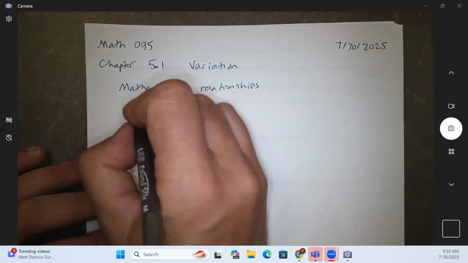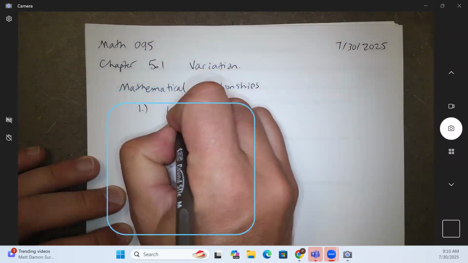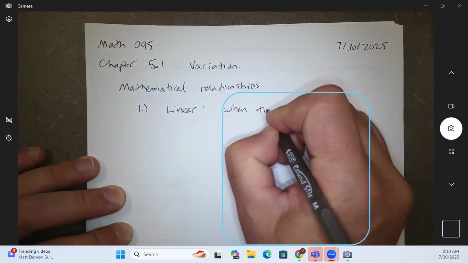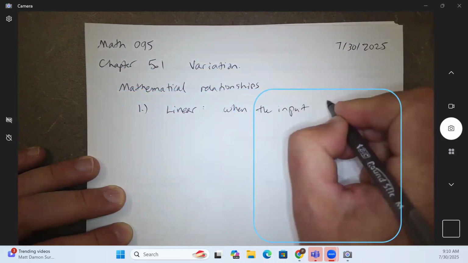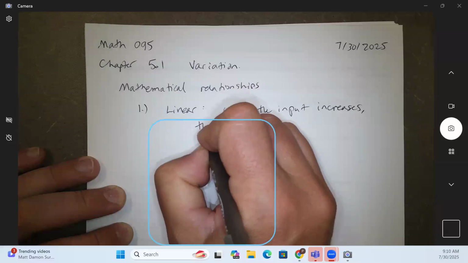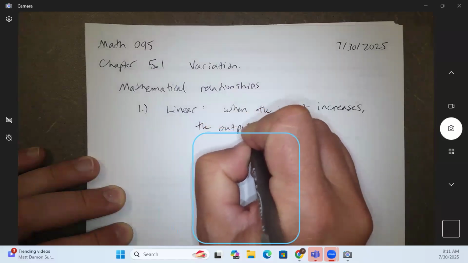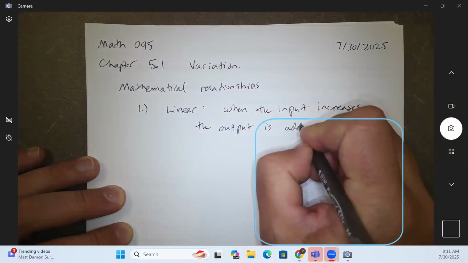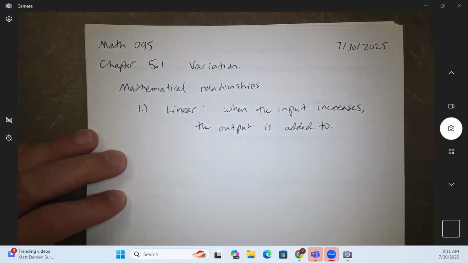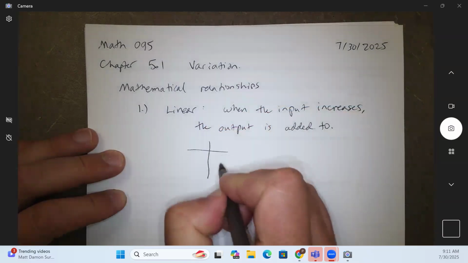Technically the four we've talked about so far are linear, which is when the input increases, the output is added to. I'm going to do that.